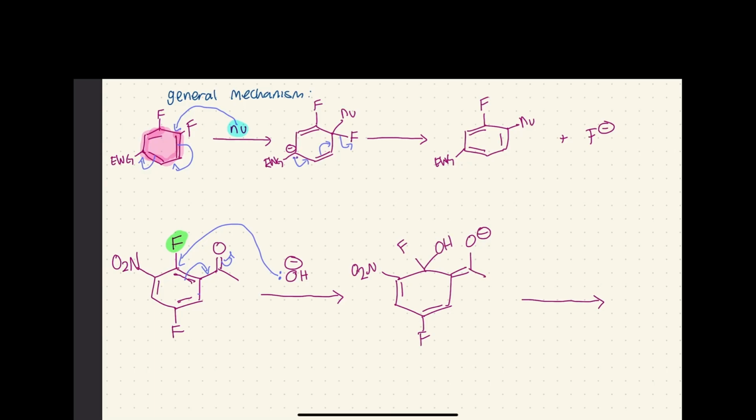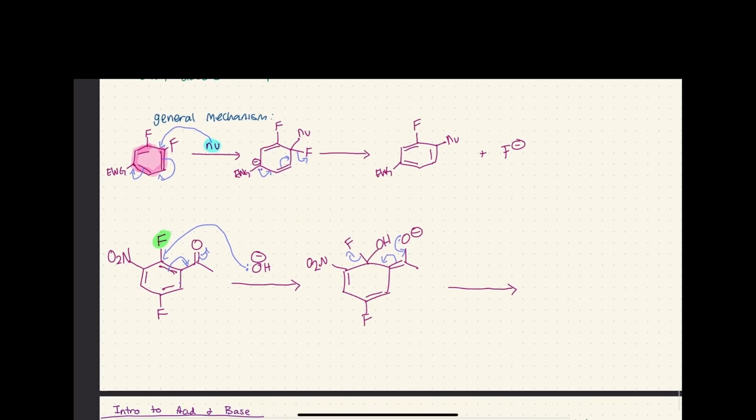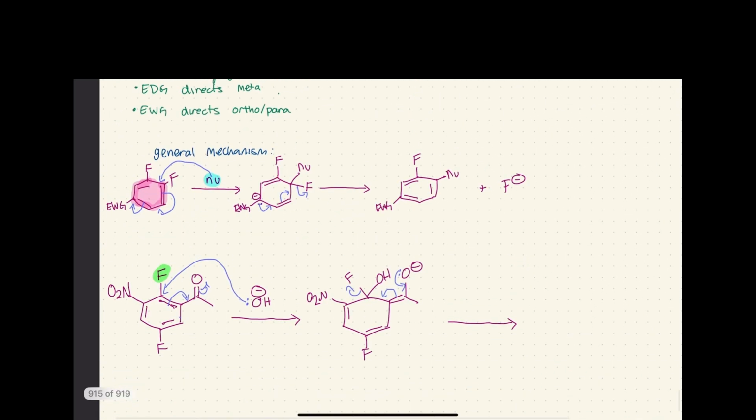Now these electrons are going to come off of this negatively charged oxygen and out through my leaving group. Here I've regained aromaticity by reforming that double bond. I still have this meta fluorine. I still have my NO2, and I'm going to have my nucleophile. So this would be the general mechanism of an SNAr.